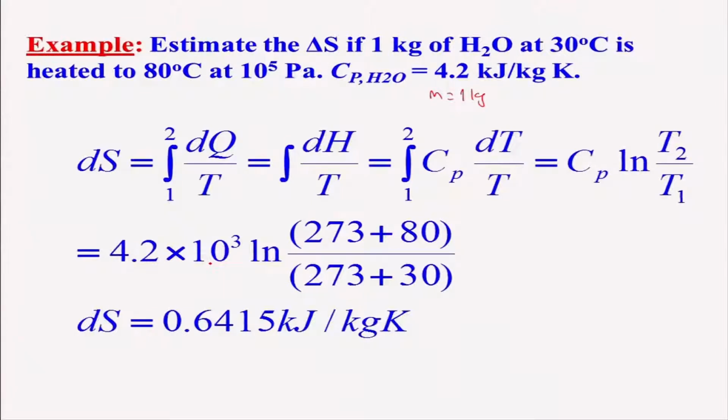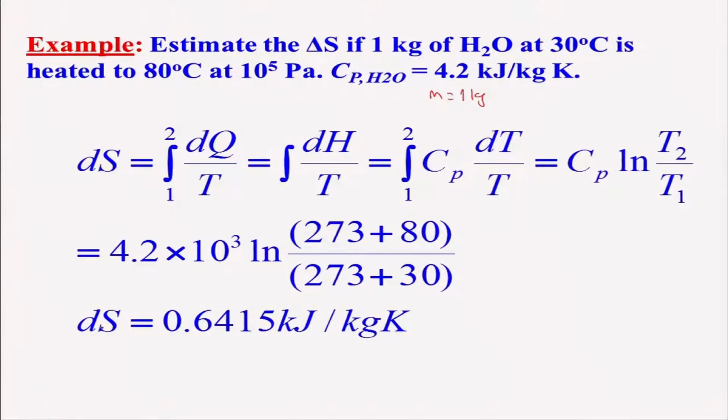Therefore, that will be 4.2 into 10 power 3, this is in kilojoule, therefore I have taken this, times ln of 353 divided by 303, because you will have to use Kelvin for 80 degrees and 30 degrees. So you will get the change in entropy as 0.6415 kilojoule per kg Kelvin, and you can consider this as per unit mass.